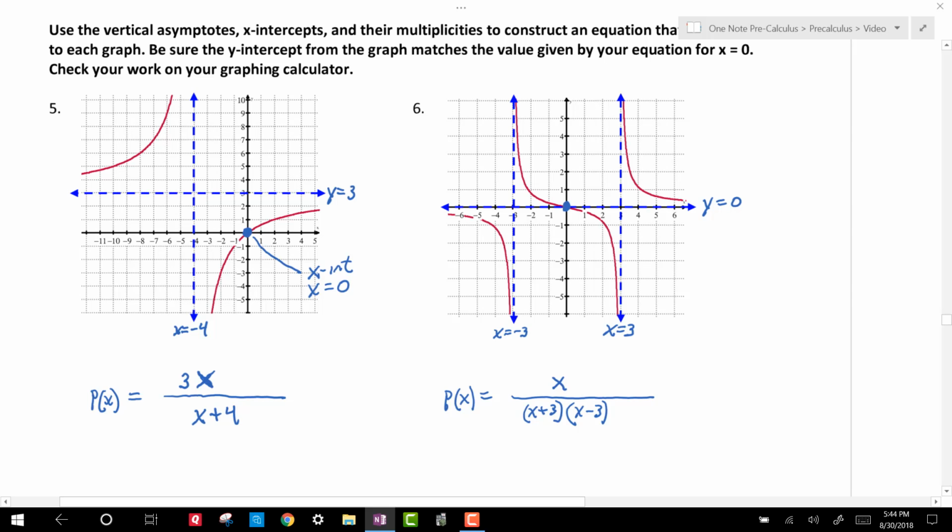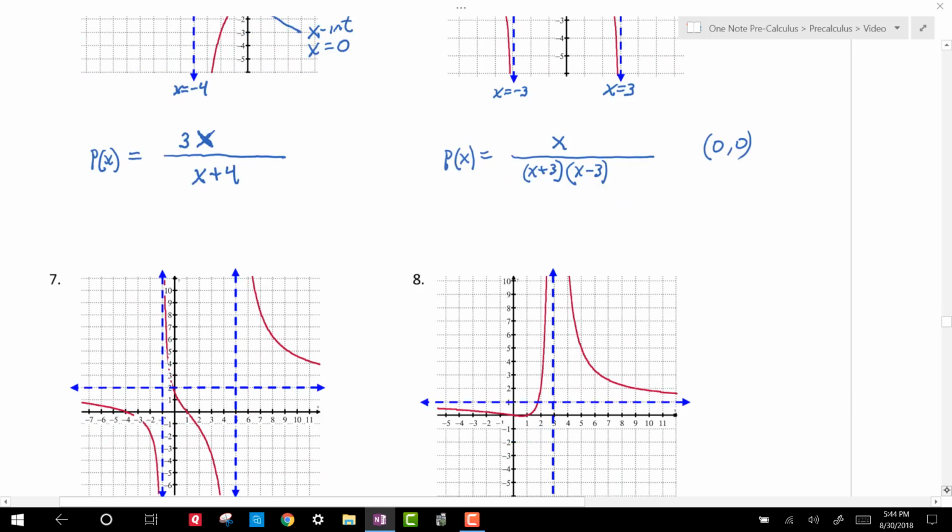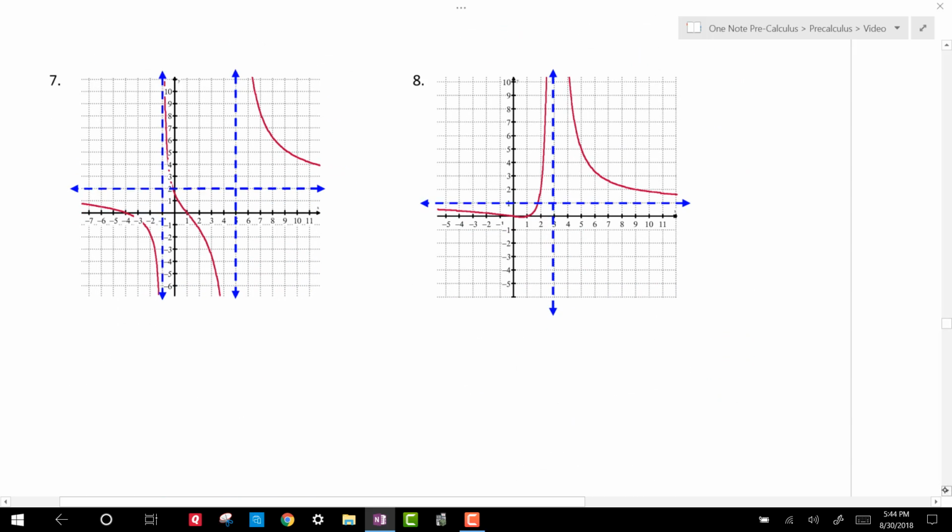We would get 0 times 0 over 3 times -3. That's not 0, that's -9. That's 0 over -9, which means my x-intercept would come out to be 0, 0, which is exactly where it's at on the graph. So I'm probably okay. And I could graph it on Desmos and check it out, but I think we're all right. Go to the next one.